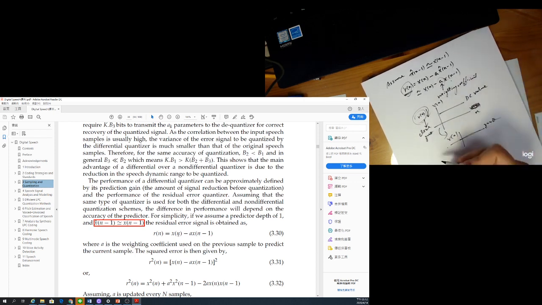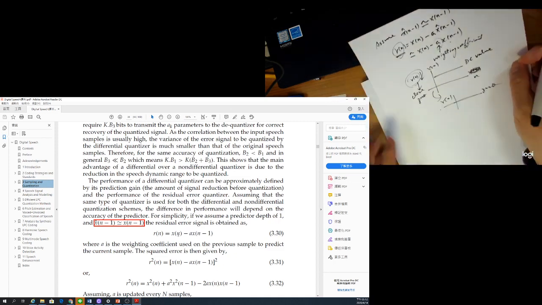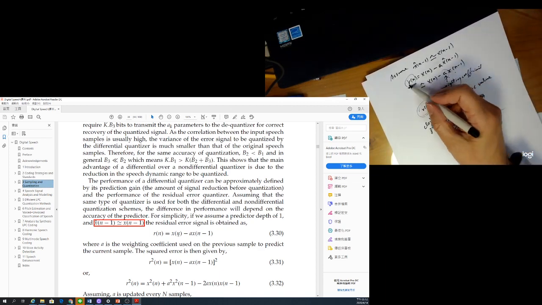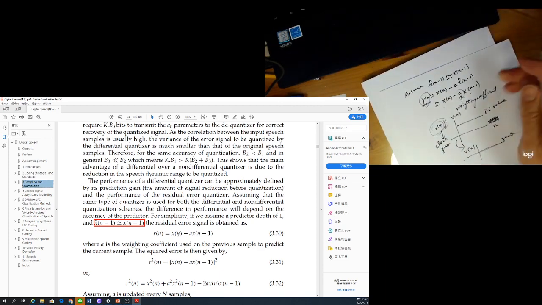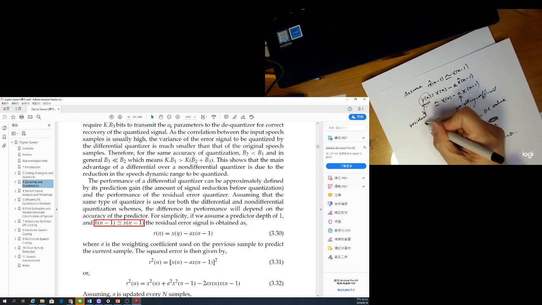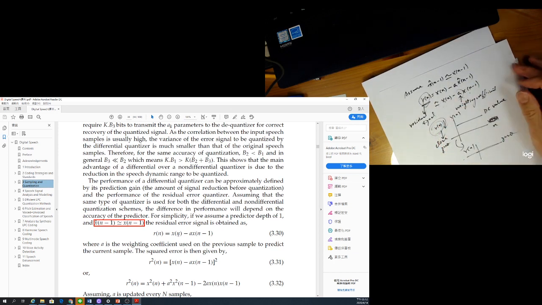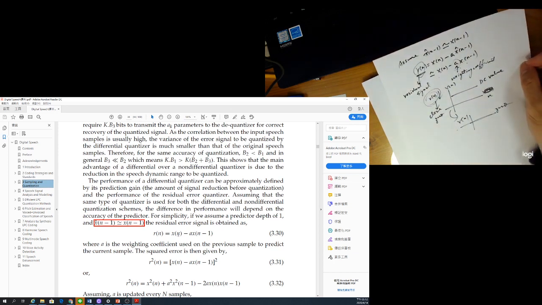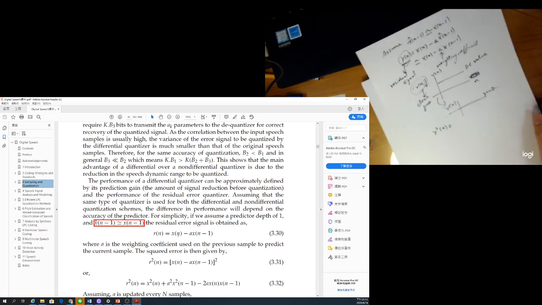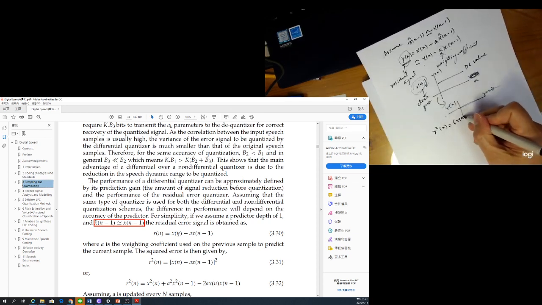So we calculate the square error, because we do the prediction and then get a residual signal. We try to make sure the residual signal becomes smaller. We hope R square n equals S of n, but because they have positive and negative values, we make them square.